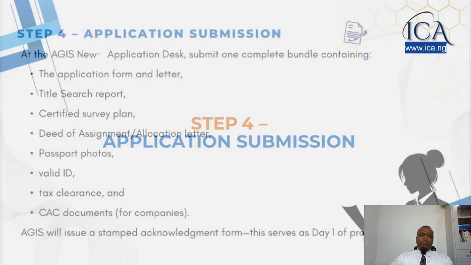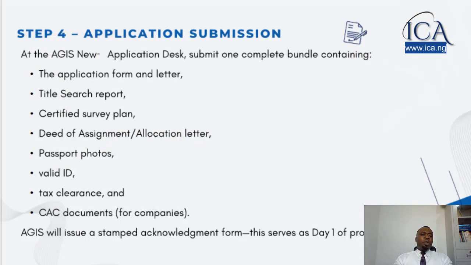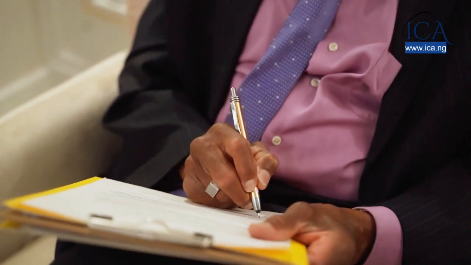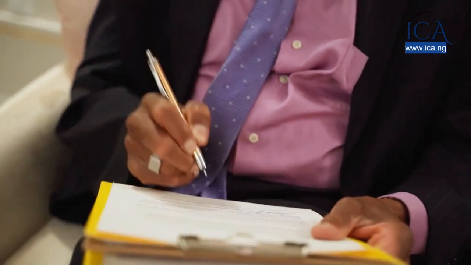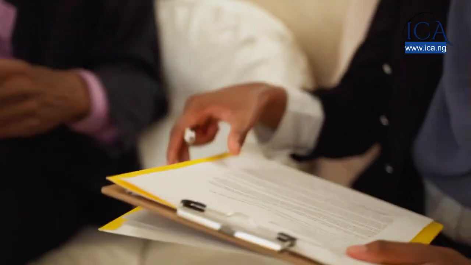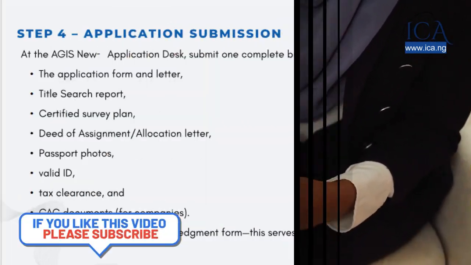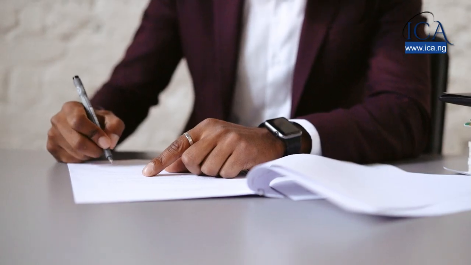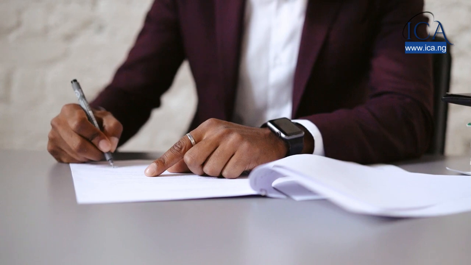Then the 4th step is the application submission itself. At the AGIS new application desk, you have to submit the following documents in a bundle. That's the application form and letter, and then you will attach the title search report that you have gotten from AGIS earlier. The certified survey plan by a licensed surveyor must also be attached.